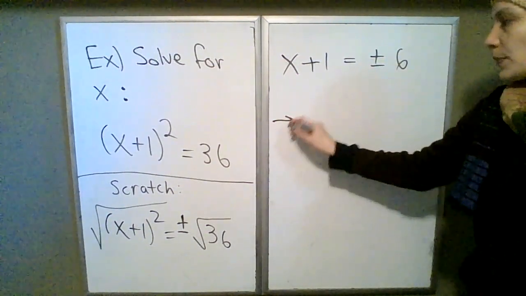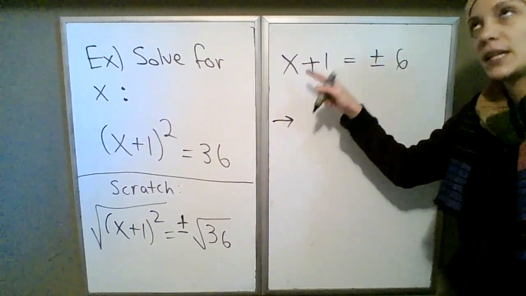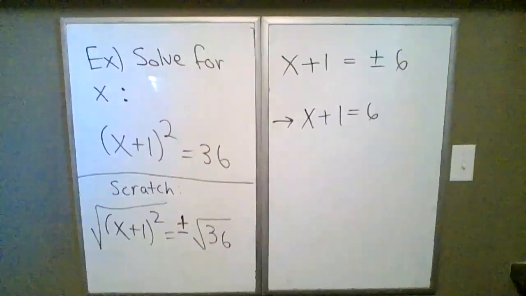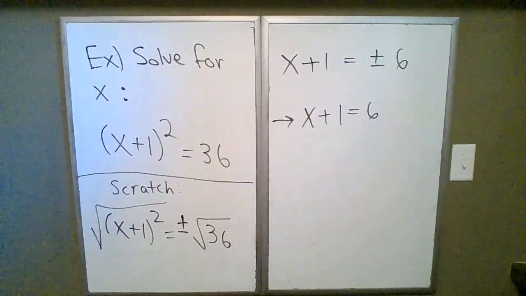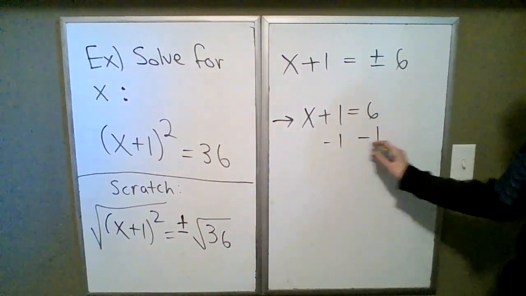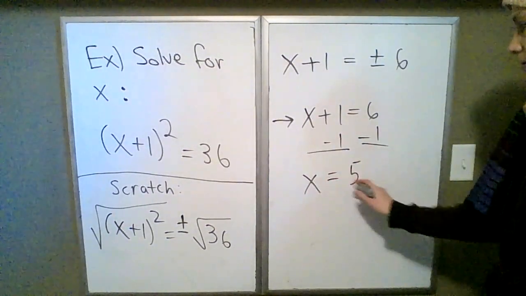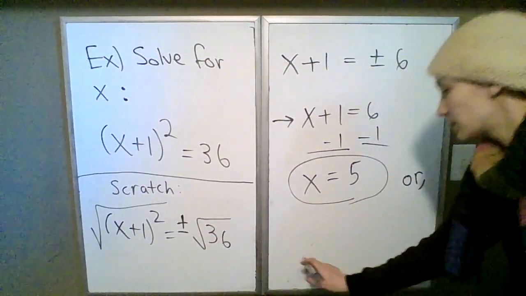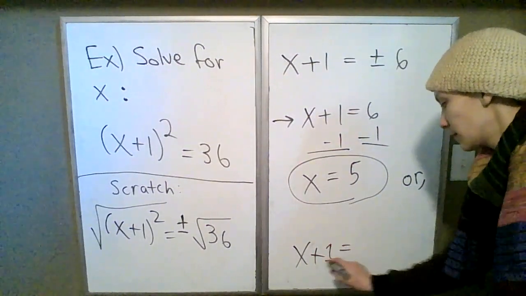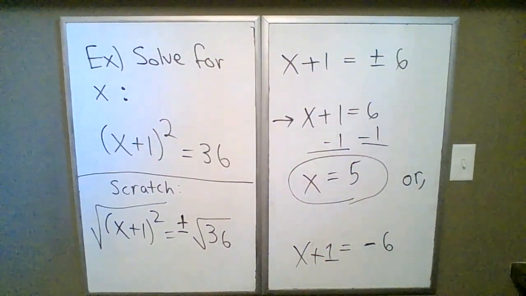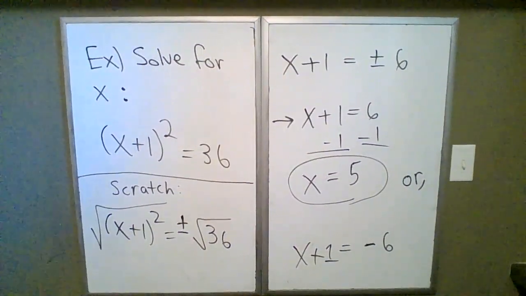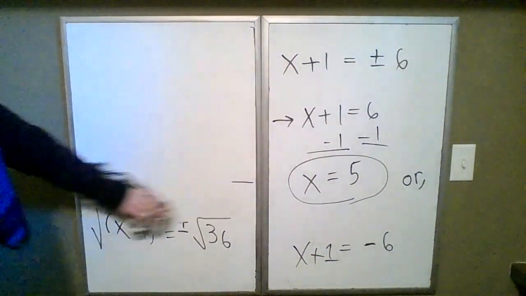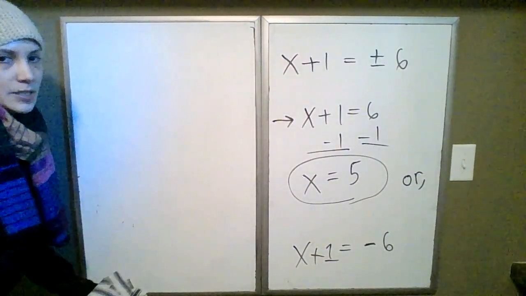First one where x plus 1 is equal to positive 6, and one from letting x plus 1 equal negative 6. Right, we're just going to subtract 1 from each side, let x equal to -7.